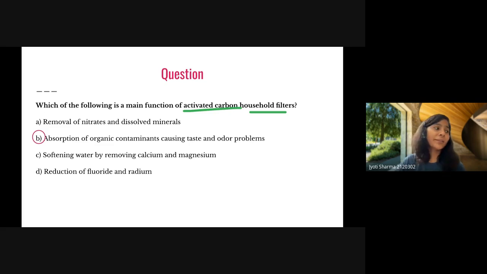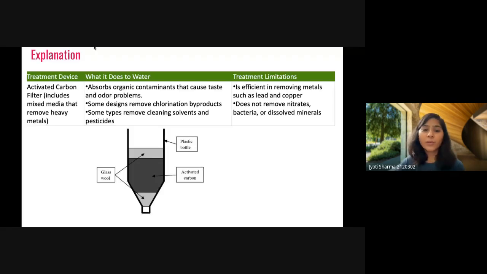We are using it in face wash, in face masks, something like this. So we are using activated charcoal in many of these. The main purpose of activated charcoal is absorption. So it can absorb organic contaminants, by which we can remove the odor and the taste. We can improve the taste. So that's how option B is the right one.